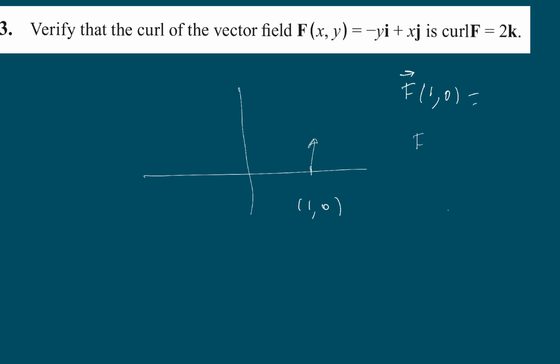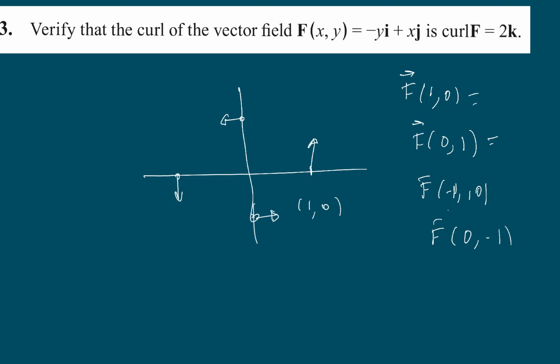At the point (0, 1) it is pointing in the direction minus i. So it would be like this. And if I find the vector field F at the point (-1, 0), I will find that the vector field goes like this. And if I find the vector field F at the point (0, -1), the vector field will go like this.